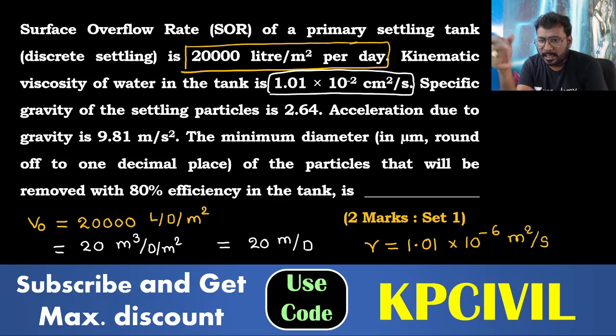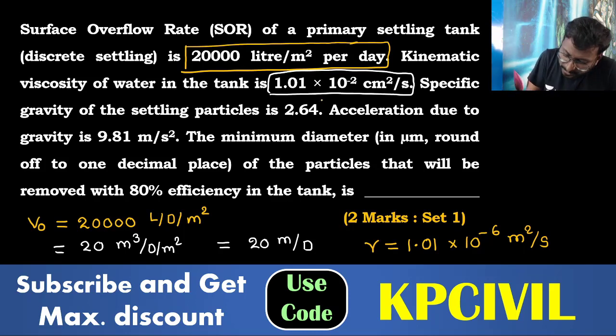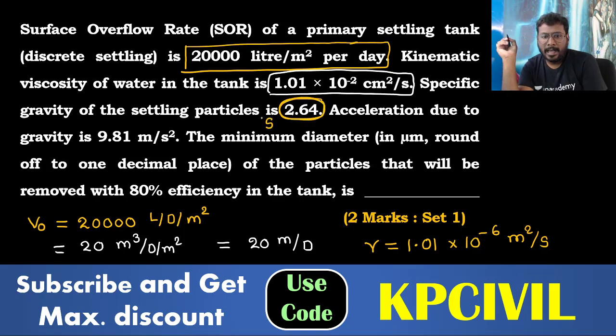Remember, all units are converted: liter per meter square per day to meter per day, centimeter square per second to meter square per second. Specific gravity of settling particle is 2.64. No need of any conversion. Acceleration due to gravity, g, is 9.81.